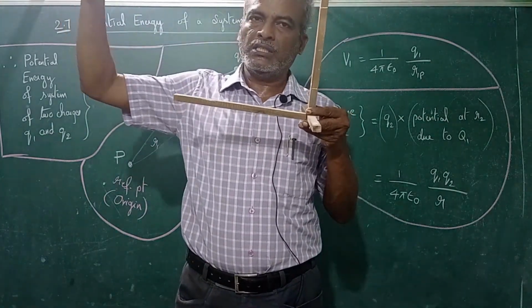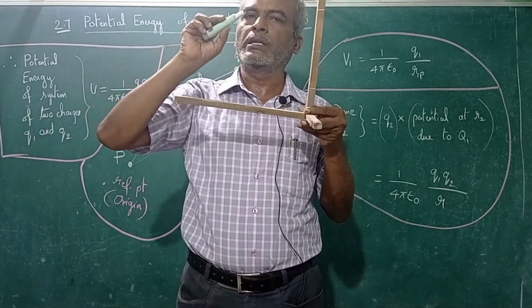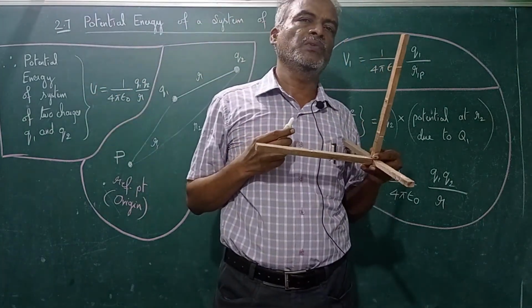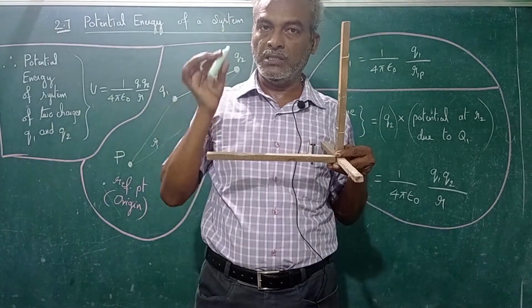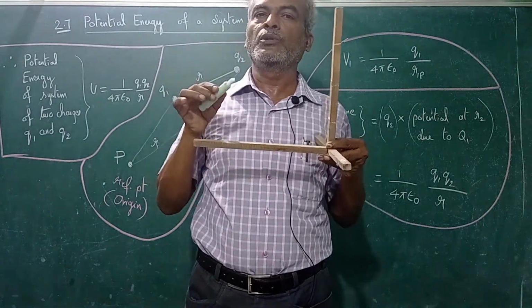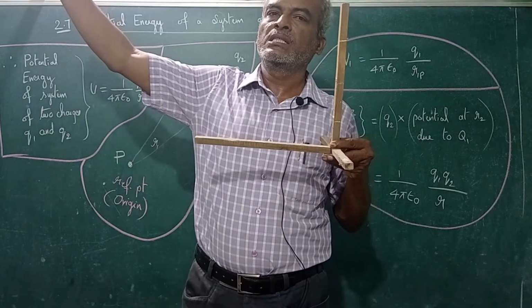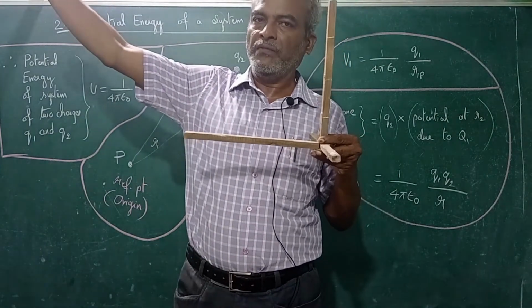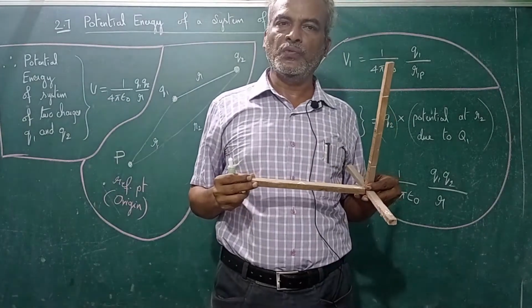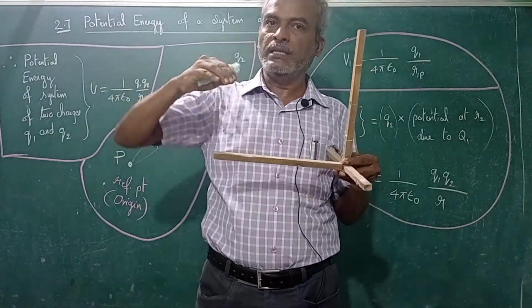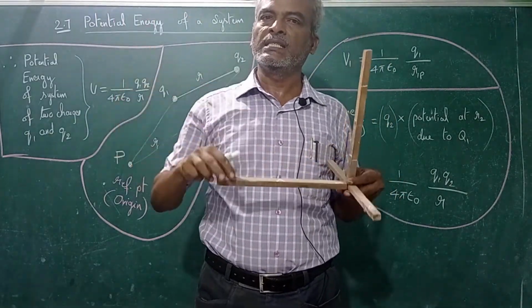As it progresses slowly towards Q1, it experiences a repulsive force. For the first case, there is no repulsive force because it is the first one. But when you bring another charge q2 from infinity to this point, it experiences a repulsive force, and the work done is against this repulsive force.